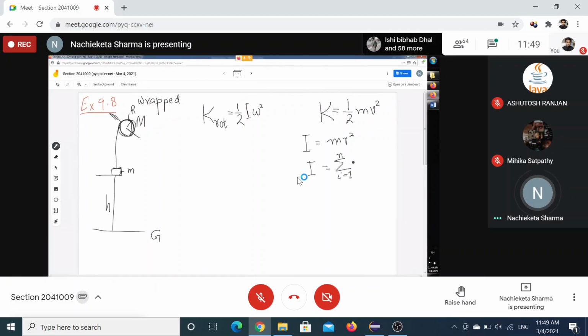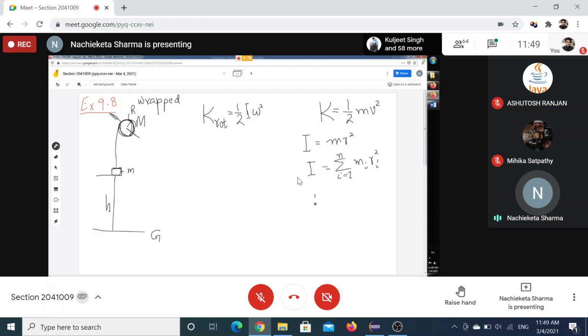What does that mean? If n is equal to 3, then I is equal to m1 r1 square plus m2 r2 square plus m3 r3 square.